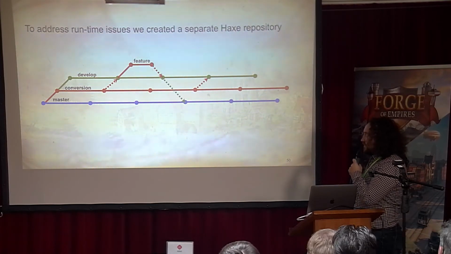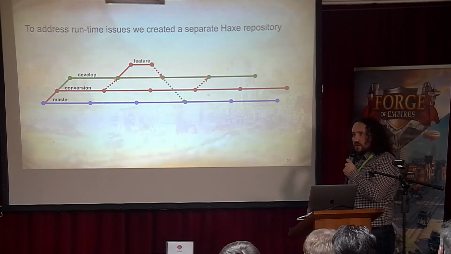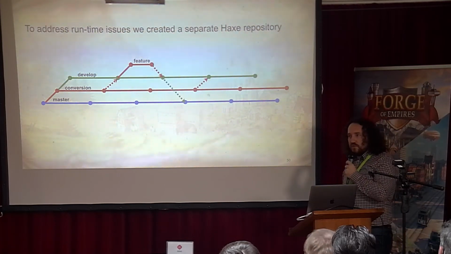We were pushing to the conversion branch from time to time because we were improving the converter, and new features were coming into the ActionScript code, so we wanted those converted as well. But what happened is that this model also had several fundamental flaws that proved it was a wrong decision.